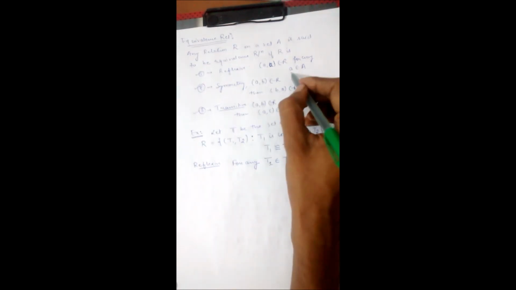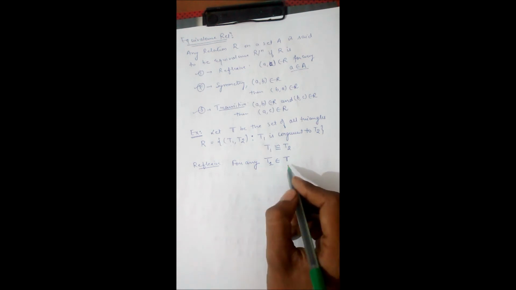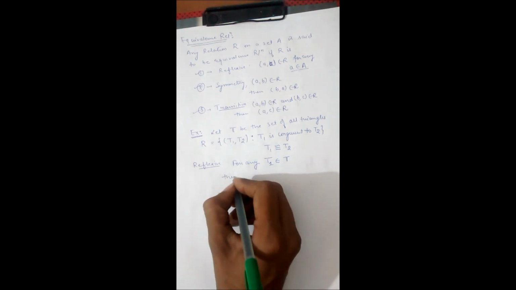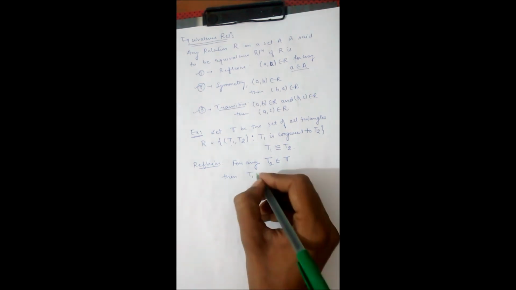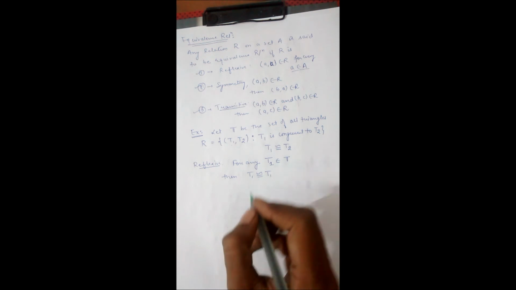Okay, reflexive condition was that for all the elements in the set, the regular pair A comma A must belong to the relation. So if I have some triangle T1 in the set of triangle T, then of course T1 is congruent to itself. Every triangle is congruent to itself.